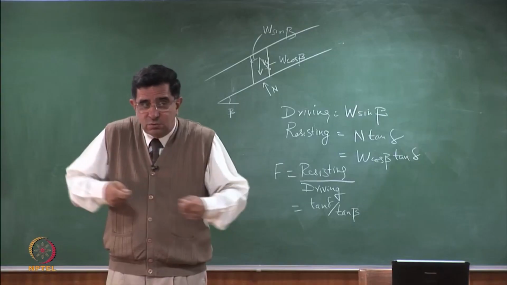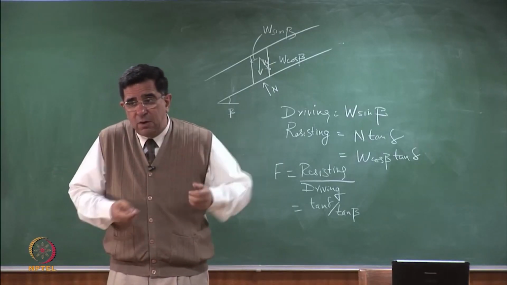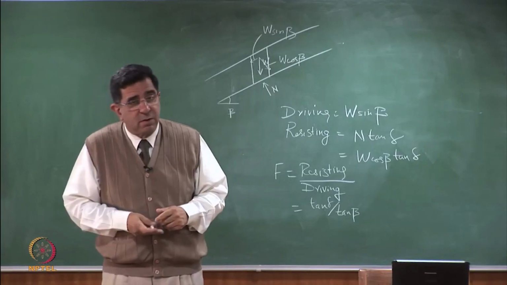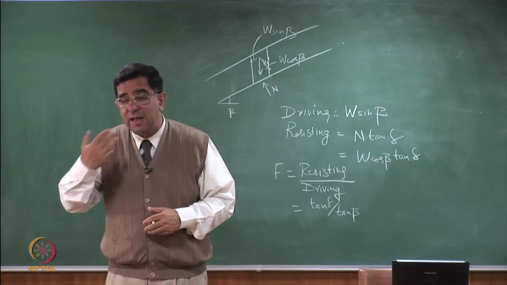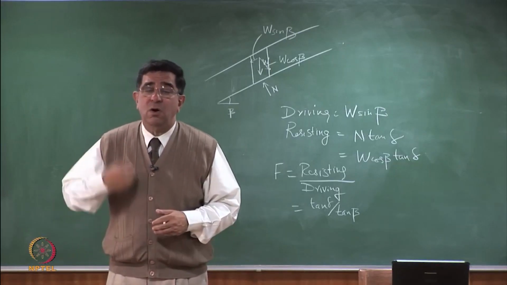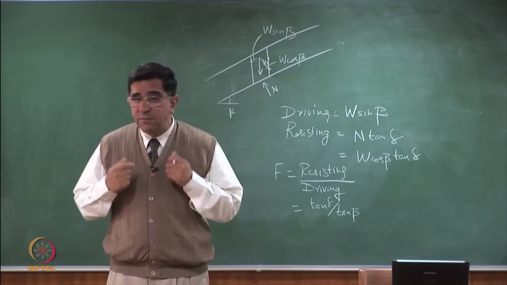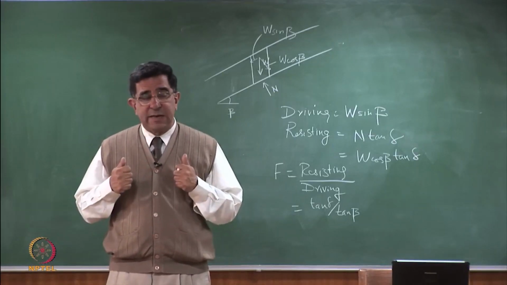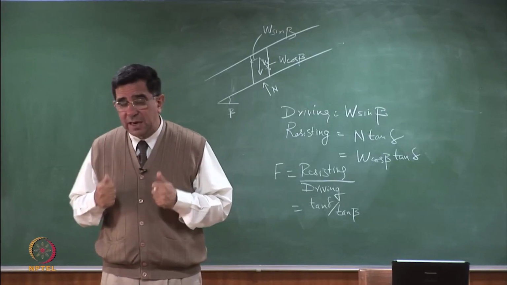So now that's the new thing. You are wanting to slip down, but maybe the geomembrane can hold you back. So that is where the T, or the tensile strength of the geomembrane, or the tensile strength of a geogrid comes into play. Can we make use of the tensile strength or the tensile force for the purpose of analysis?